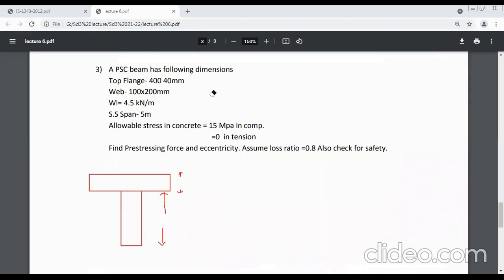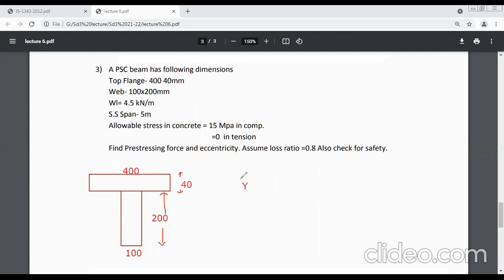First of all, we need to find out the Y bar. What is the formula for Y bar?